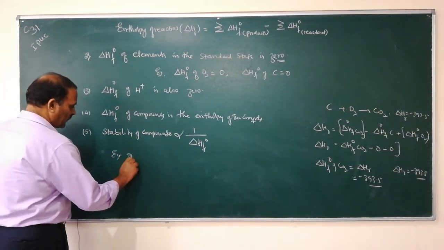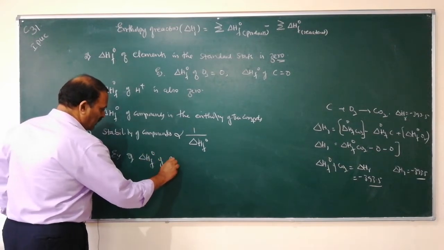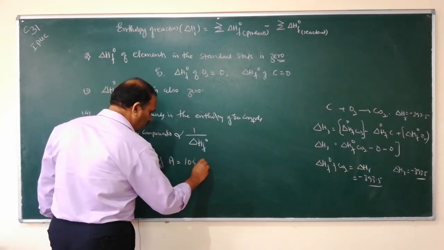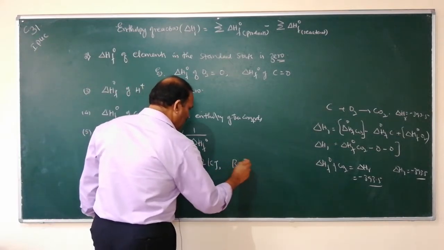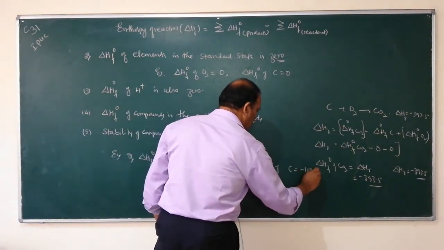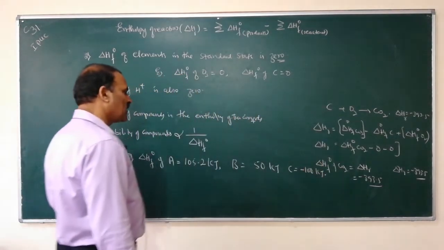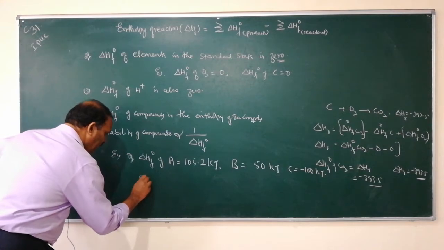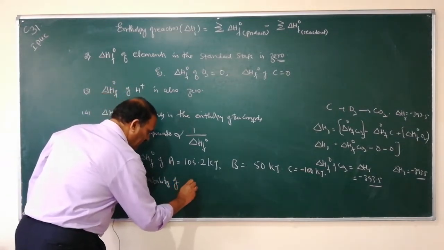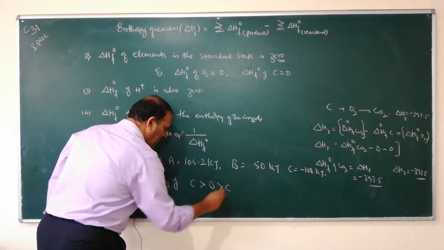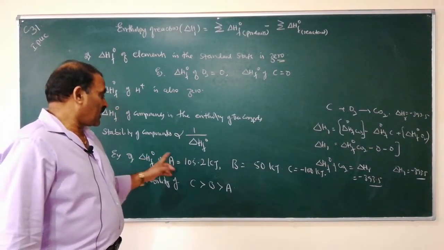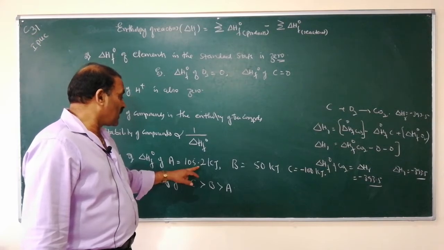Example, if delta HF naught of A equals 105.2 kilojoules, B equals 50 kilojoules, and C equals minus 100 kilojoules, the stability of C is greater than B, which is greater than A. This is because if the enthalpy of formation value is high, its stability is low.